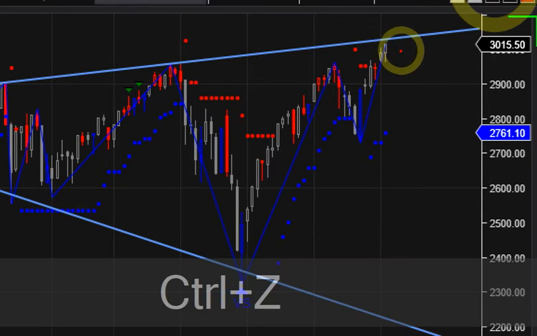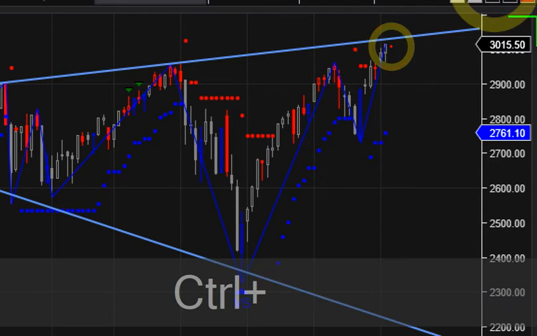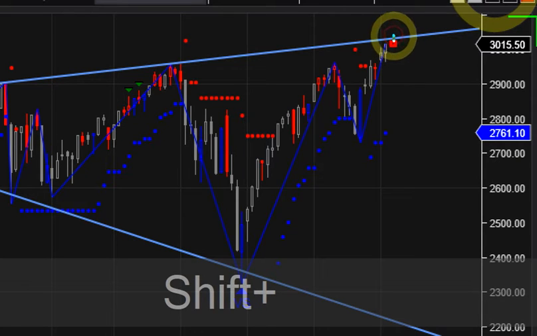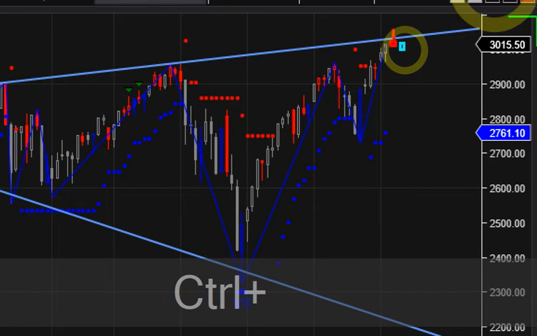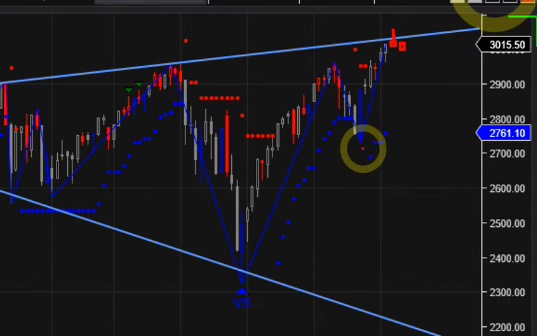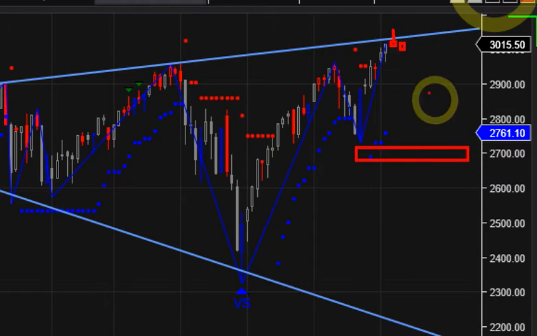I think I said last week we could very well get something that looks like this, where you get a run up outside of it, and then it turns around and comes back. To me, these are great entries because if the next entry looks like that, you can at least trade that down to here, at least down to this 2,700. That's 300 points on the S&P 500.